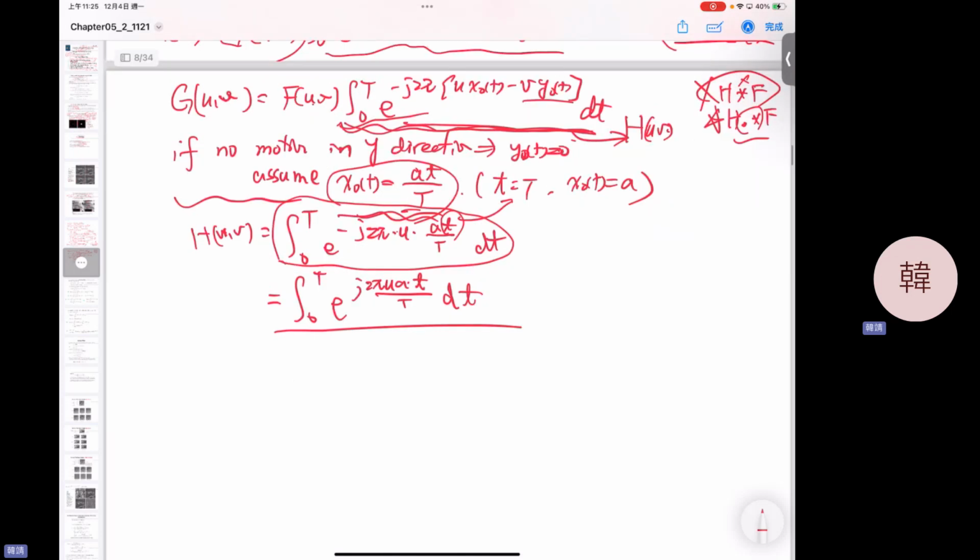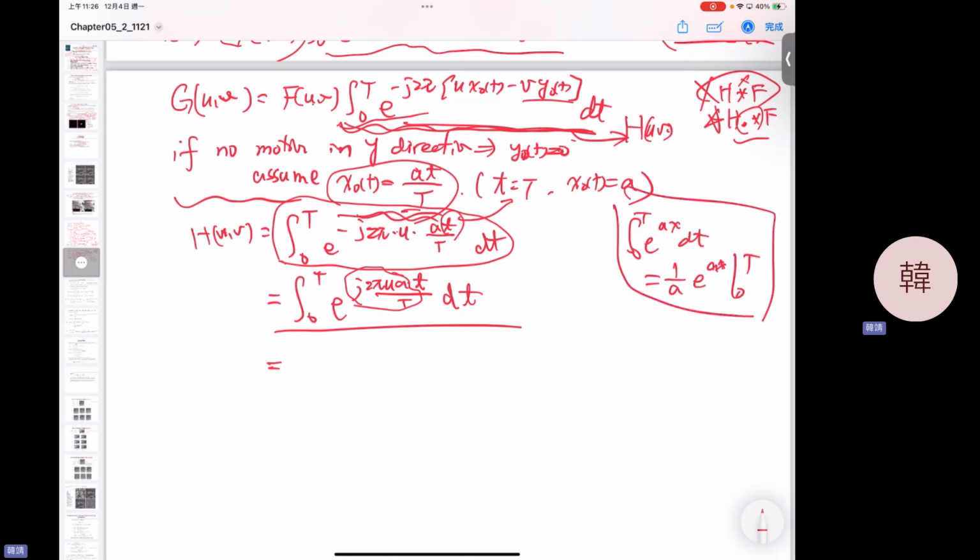This is the parameter in front of the small t variable. What's the result? It's one over that parameter, evaluated from 0 to T. I see some students' eyes puzzled, curious. It should be a very simple way to do the integration, right? There's a constant a here.